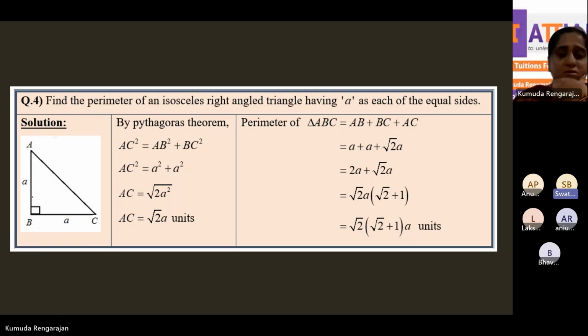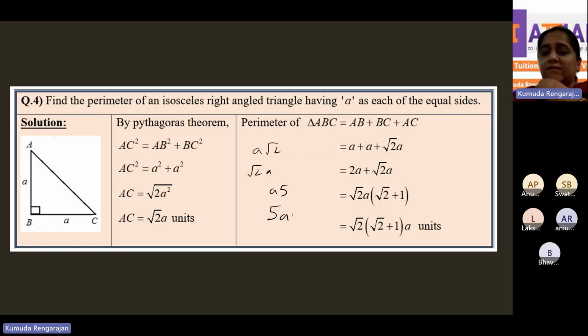Okay. We always put the numerical coefficient first. A root 2 is root 2A. Like we don't write A5, we write 5A. We put the number in the front. So not A root 2, root 2A. Very good. So Swati and Bhavish have got the right answer.